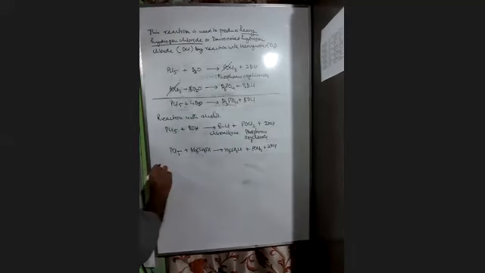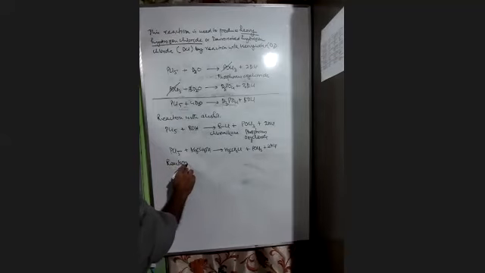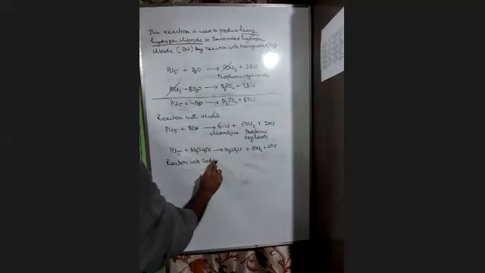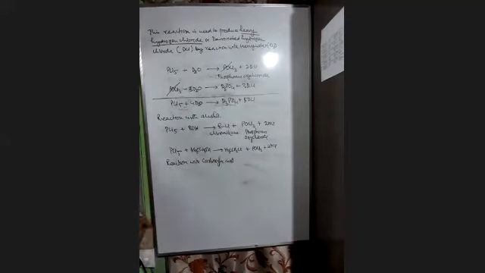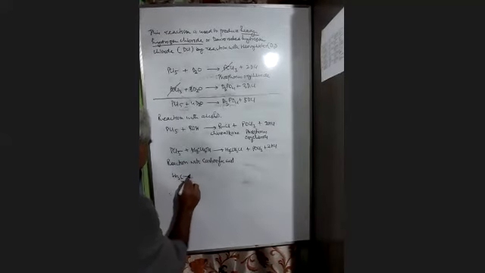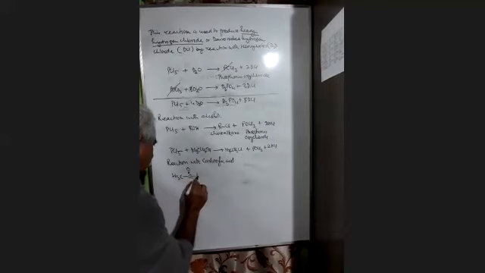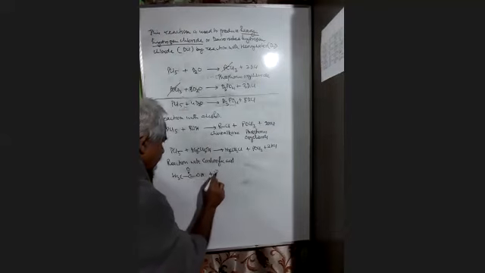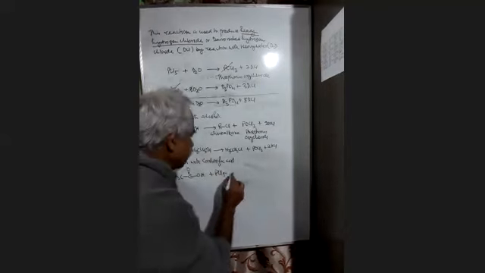Now reaction with carboxylic acid. Okay, so I directly write like this: CH3COOH plus PCl5.